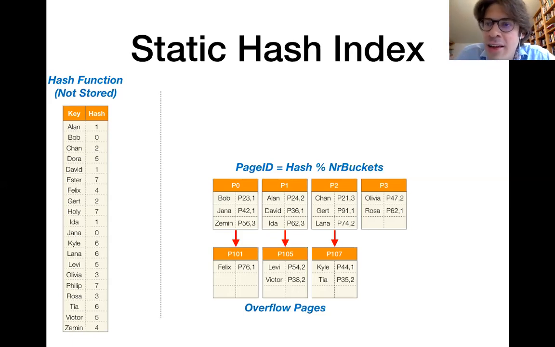So they can only give you those rows which have exactly a specific value in the search key columns. But unlike tree indexes, they cannot give you rows that satisfy some inequality on the search key columns. All right, and in systems like Postgres, for instance, you can often choose which specific type of index you create, and that has some impact on performance and on the types of queries that they support.